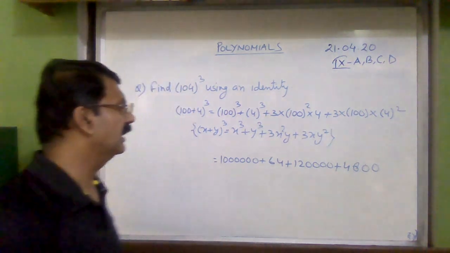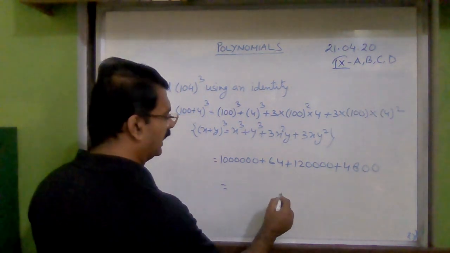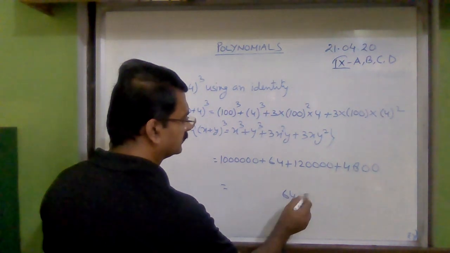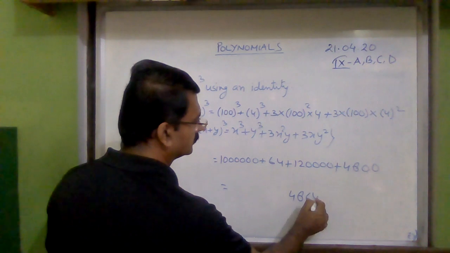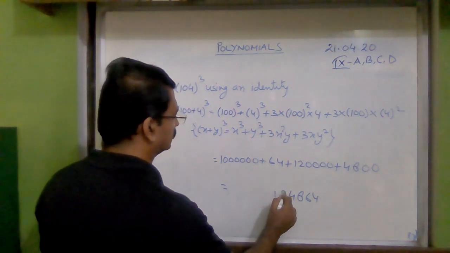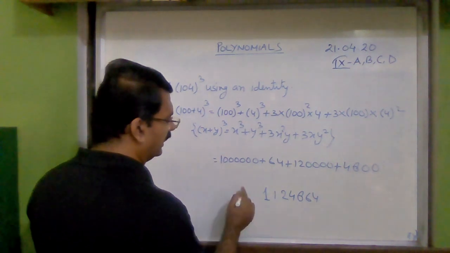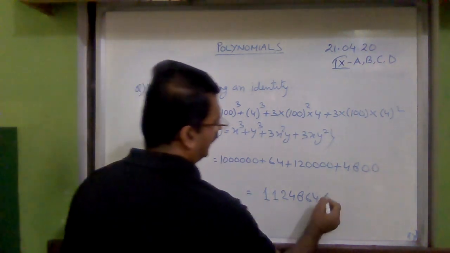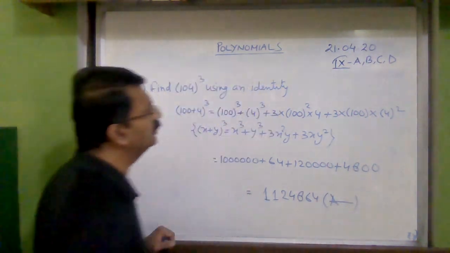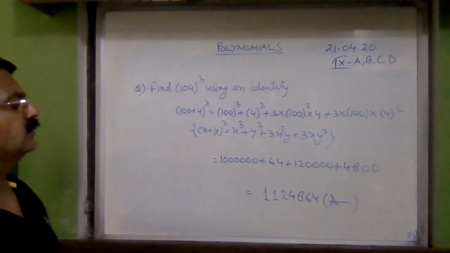Now you have to add them. When you add these numbers, you will get 1124864, and that is your answer.